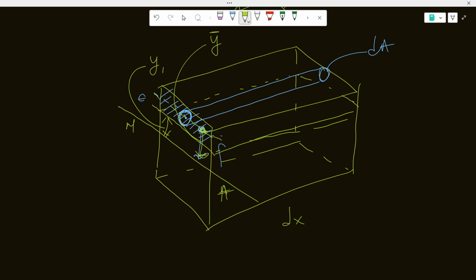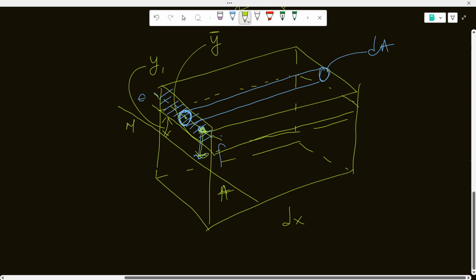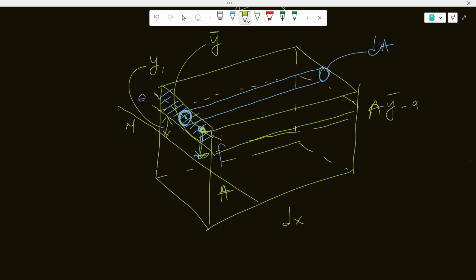But since it is not yet the total area, we're still using Y. If you can remember, Y bar is equal to A1 Y1 plus A2 Y2 and so forth. This Y bar is for the whole, but this Y is the same as Y bar, just for simplicity, for just one cylinder. So instead of Y bar, let's use Y.